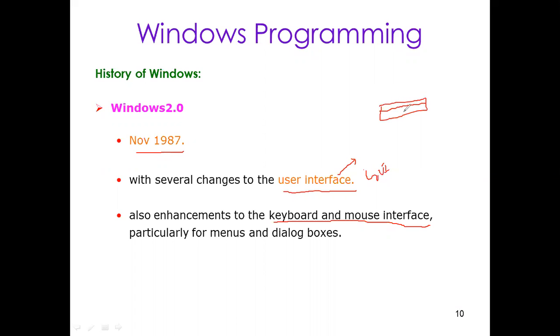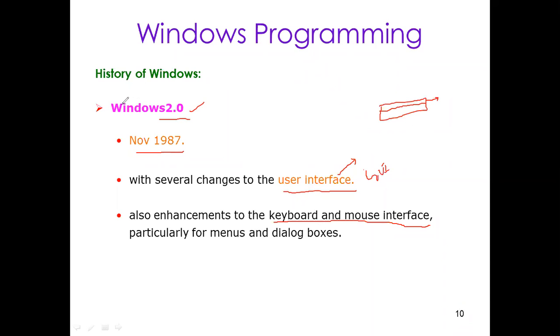Like the option of file, the option of view, the option of edit. Creating these menu bars and dialog boxes is much easier with the help of the keyboard and mouse. So the driver features for using the keyboard and mouse were introduced in Windows 2.0 so that it can be helpful for designing Windows programming or Windows pop-up boxes for menus and dialog boxes.